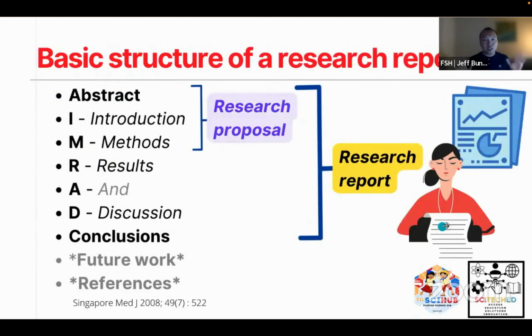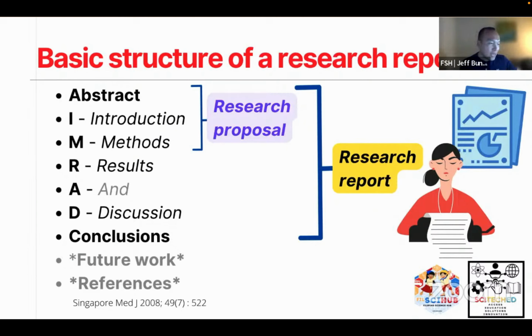Alright. Basic structure of a research report. So, yung nabanggit na kanina, ito yung basic and most common structure of a research report. Andito, you've got your abstract and then yung sinabi na kanina sa chat box na IMRAD. So, you've got your introduction, your methods, and then your results and discussion, and then your conclusions.